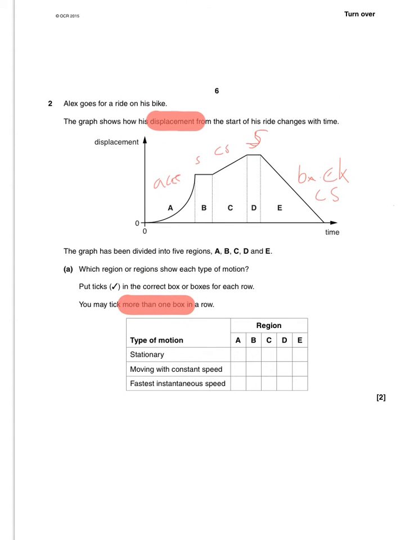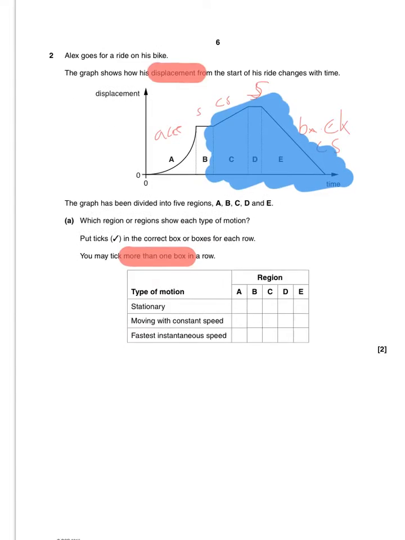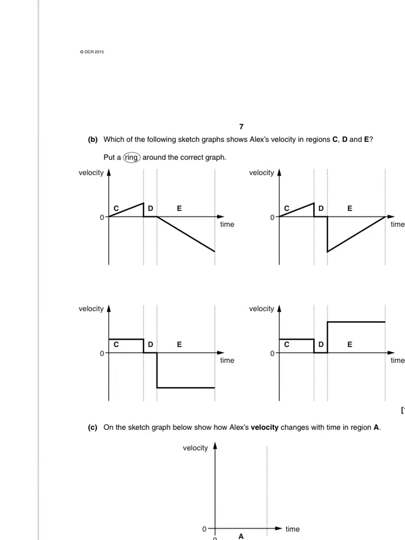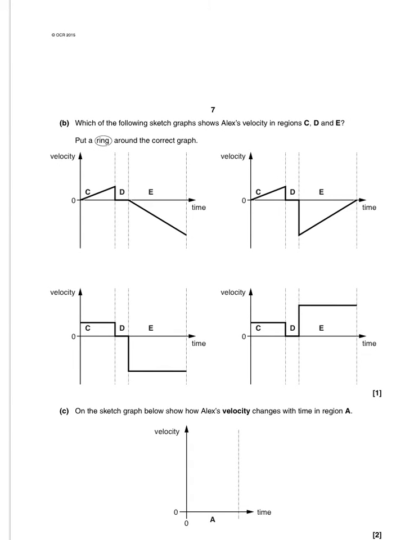So, first thing, crucial, you're only looking at this part of the graph. You're not bothered about B and A. So, what you've got to do is relate that to a velocity time graph. So you've got to think what would match it.